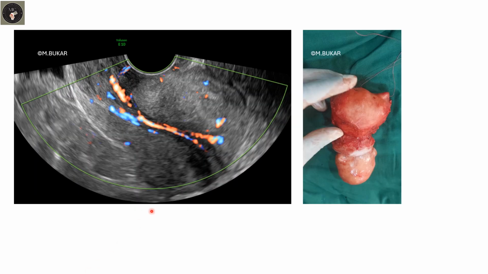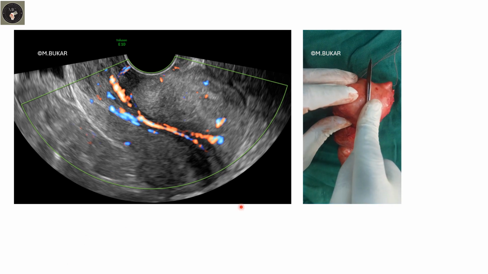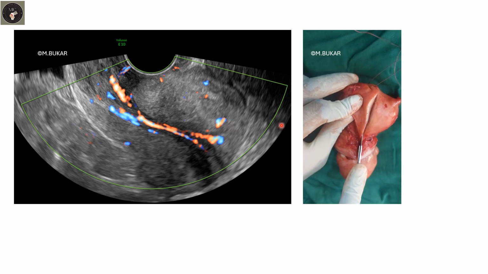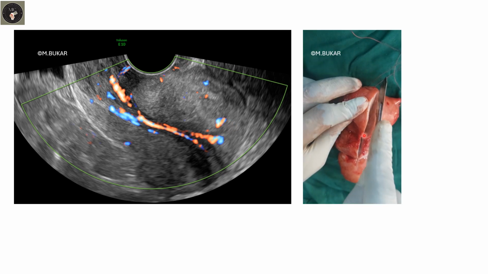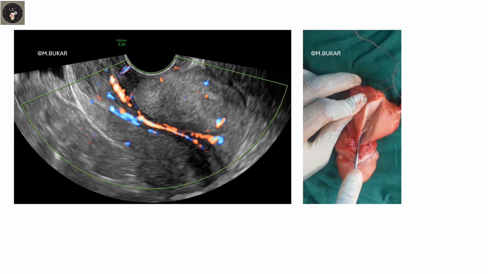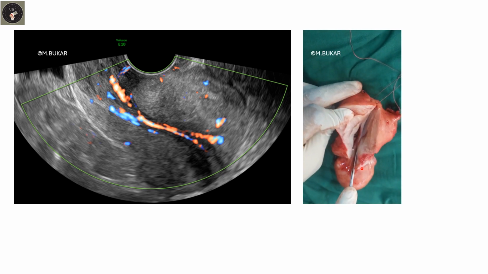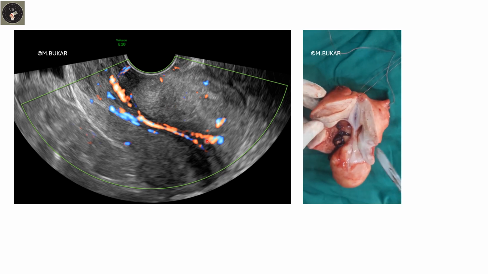So now let's compare this with this. So remember, the origin is here, and so after hysterectomy, trying to bisect to define the origin and compare with what was seen on Doppler.